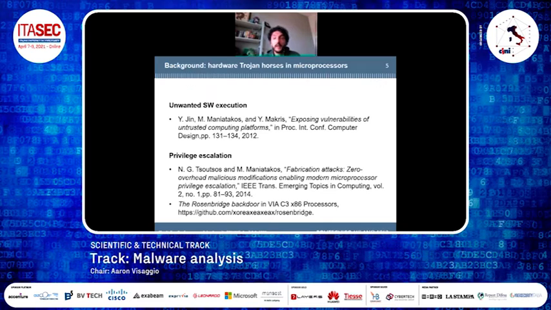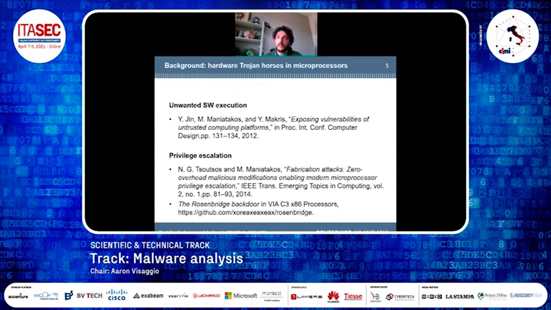In the very last years, industry also started to be concerned about hardware Trojans, because it has been demonstrated in these three papers that hardware Trojans called software-exploitable hardware Trojans can be implanted into real-world microprocessors.